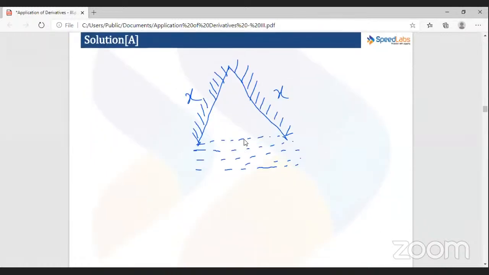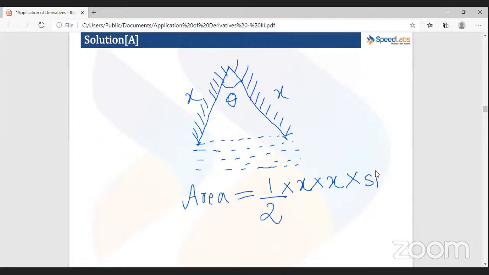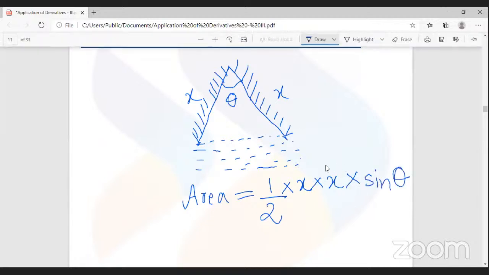Okay, but to find that maximum area, you must be aware of the area formula of triangle. Area can be written as half into x square into sine theta.